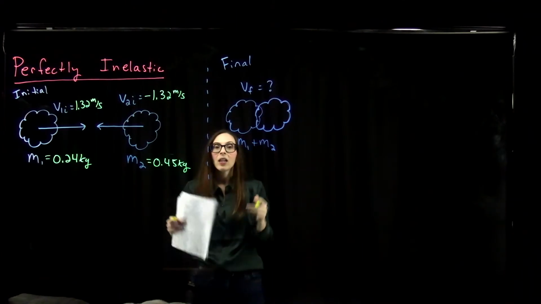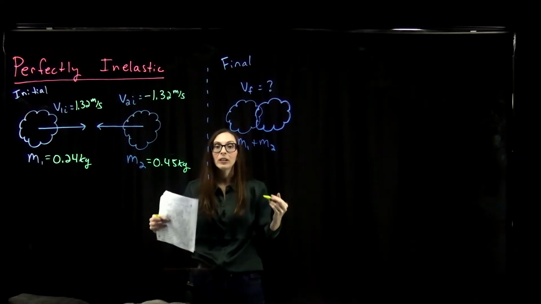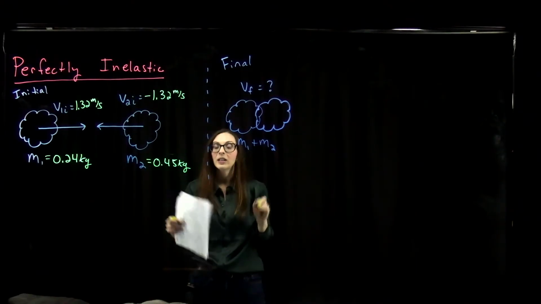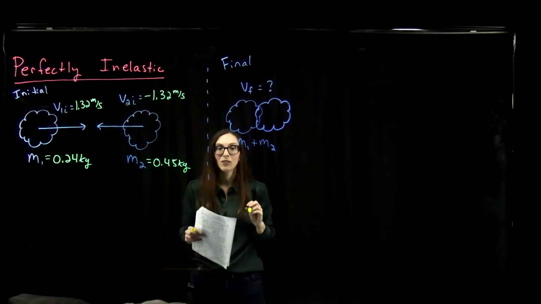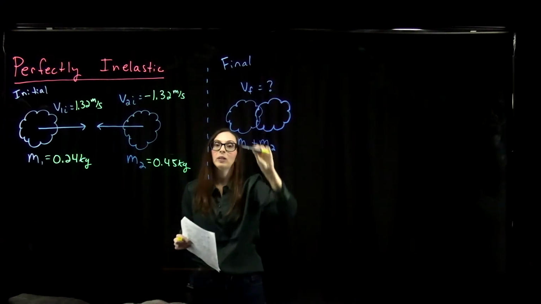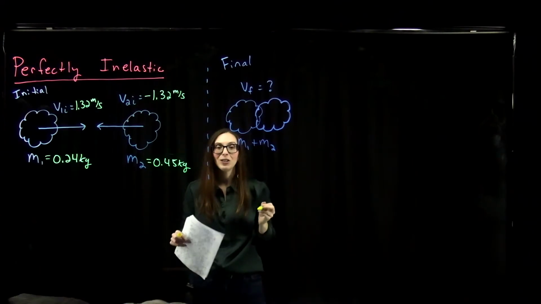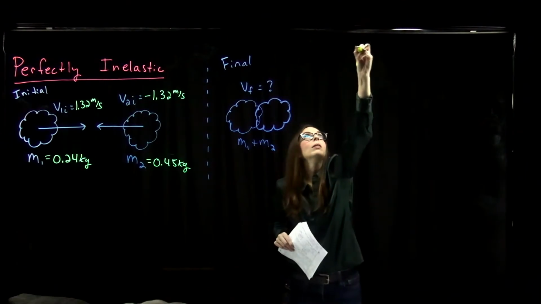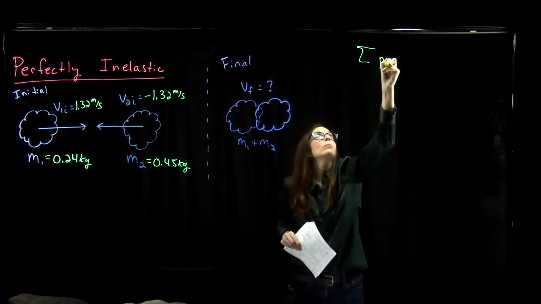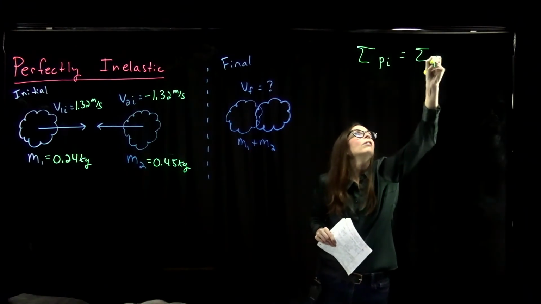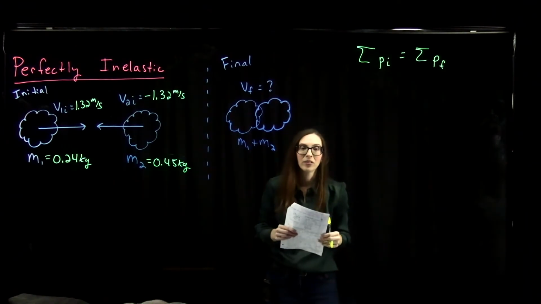So this is perfectly inelastic. In all collisions, the momentum is conserved. The kinetic energy is not going to be conserved here. But in order to find the final velocity of my combined mass, all I have to do is use conservation of momentum. So the sum of the initial momentum of my system has to equal the sum of the final momentum of my system.